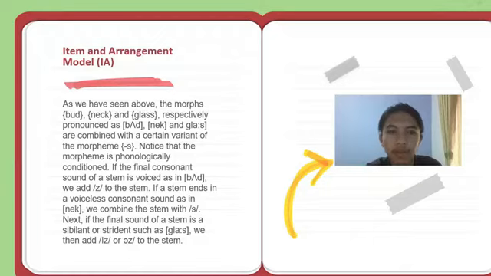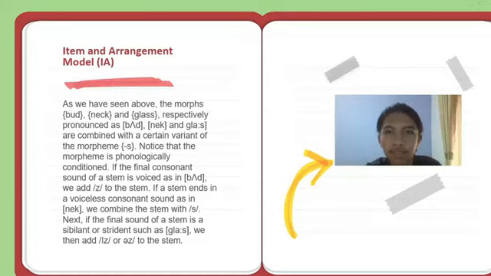The morphs bud, neck, and glass are combined with a certain variant of the morpheme s. Notice that the morpheme is phonologically conditioned. If the final consonant sound of a stem is voiced, as in bud, we add z to the stem.